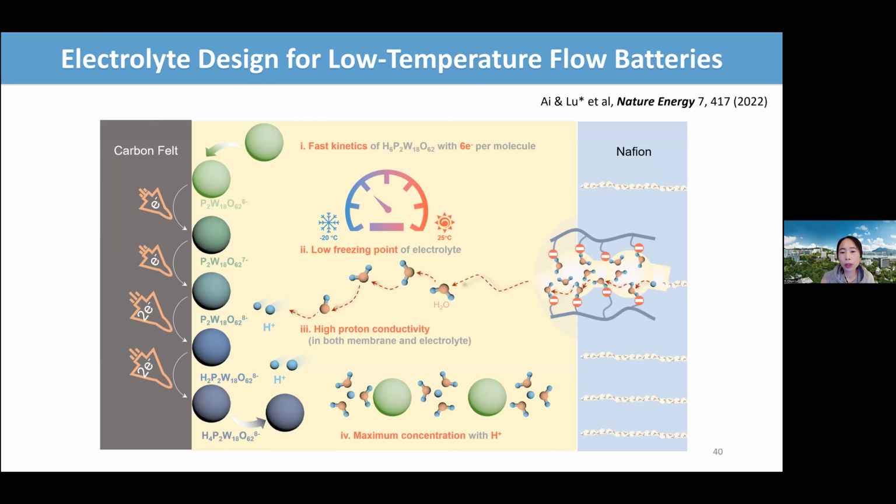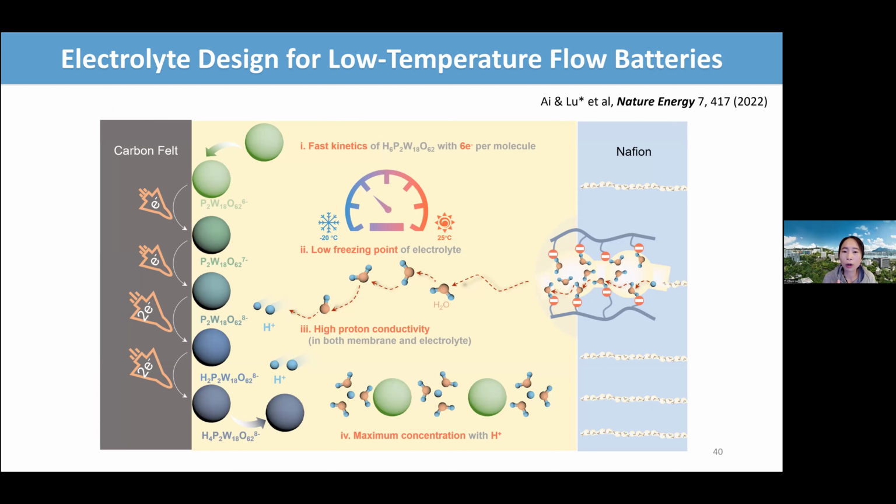So we decided to look into what type of material would be more suitable for extreme low temperature application. And we decided there are several things that are important. First, at low temperature, the kinetics will be significantly reduced. So the material initially should have very high kinetics.